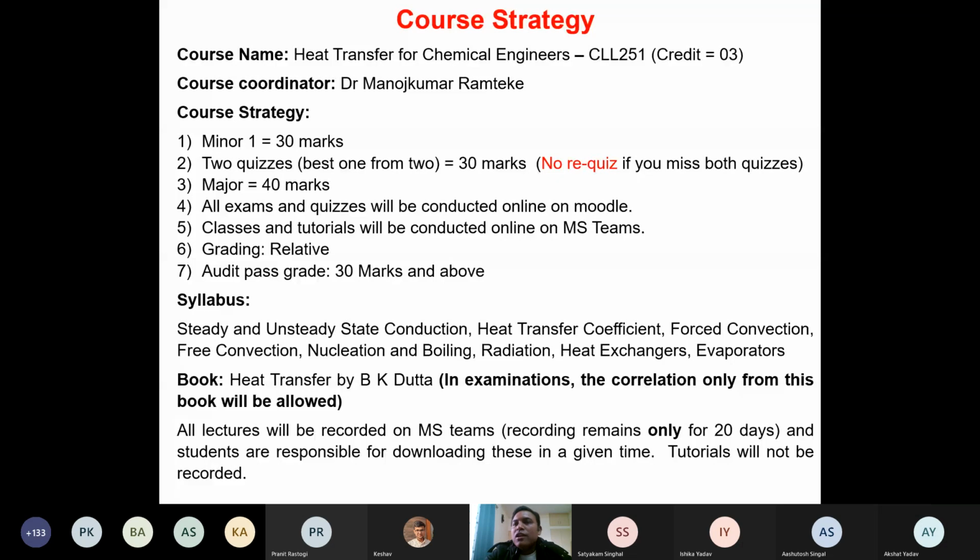If you download any correlation from any XYZ book or any random internet source, that will not be considered, because in heat transfer, based on the change in the correlation, your answer can vary by 10%. Then you can argue that please increase the tolerance limit, because I have used some other correlation and now my answer is also correct. This type of argument will not be considered later on. You will have to use only the correlations given in the textbook Heat Transfer by B.K. Datta.